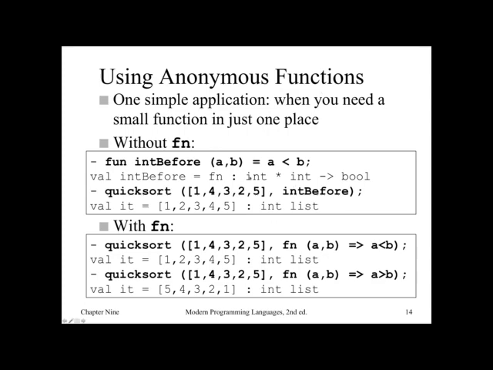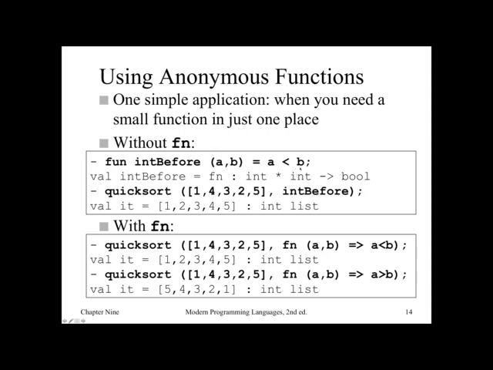But anyway, the way quicksort works is I pass it a list and I pass it a comparison criterion, a function that basically creates a Boolean result. So I can say int before, which says A comes before B. How does that work?